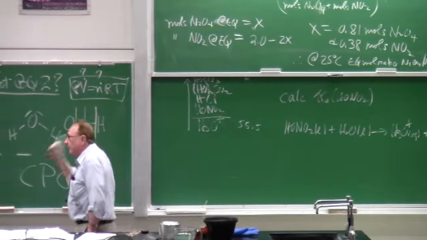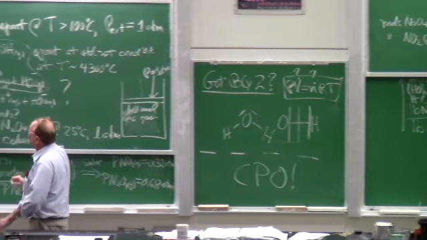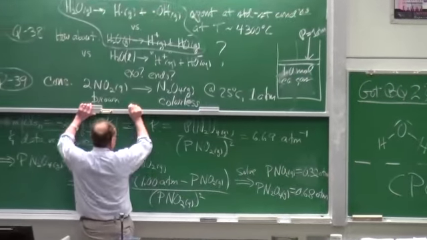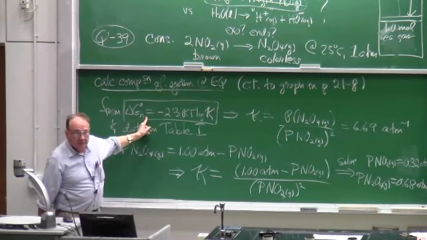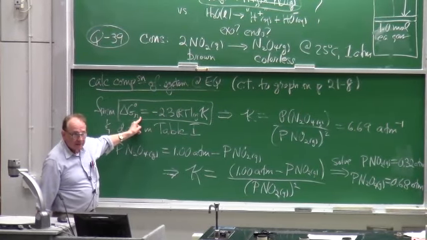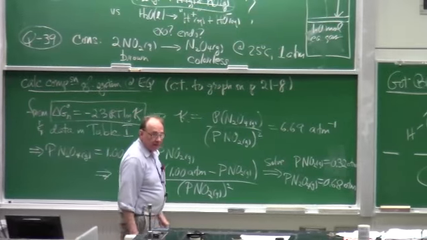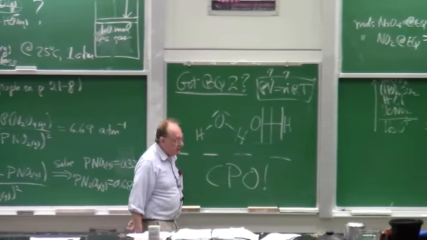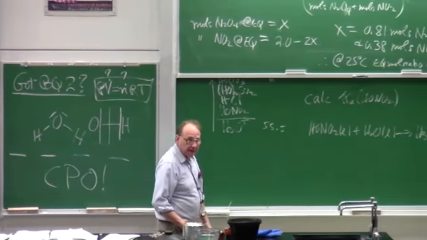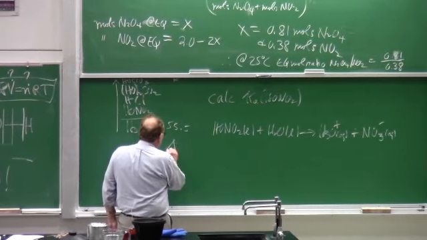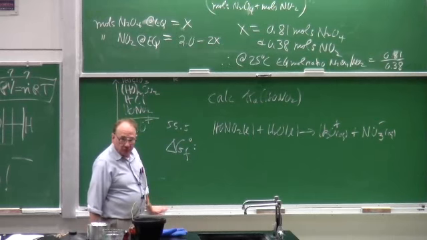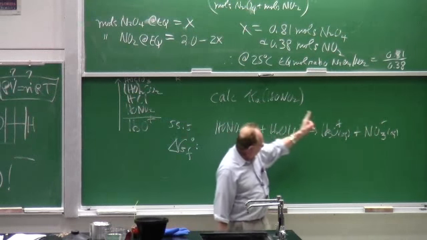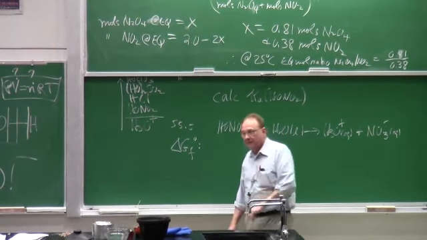If I can get delta G 0 for that reaction, then with this I can get the equilibrium constant. What data do I need to get delta G 0 for this reaction? I need delta G sub F super 0 information for this, and this.